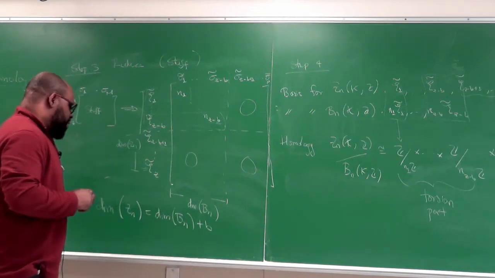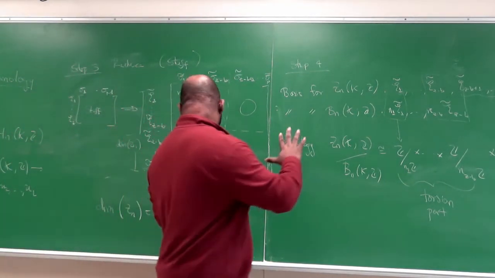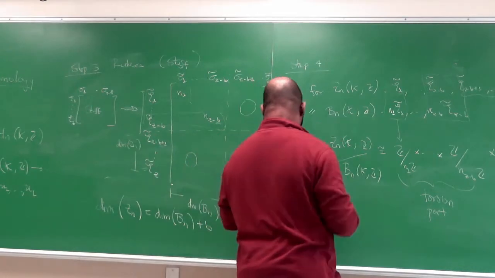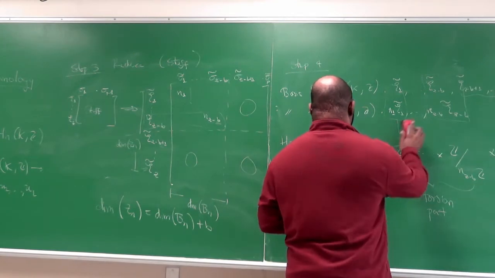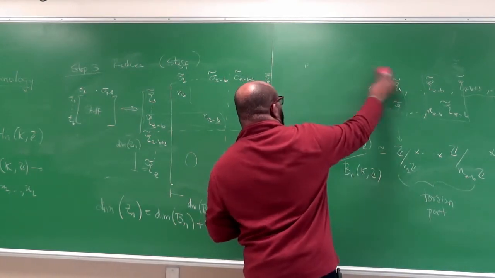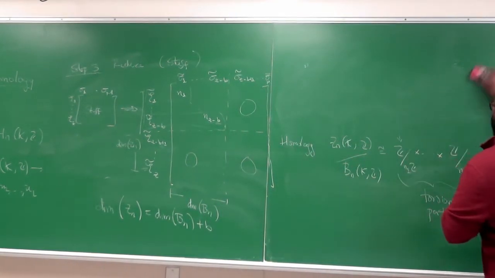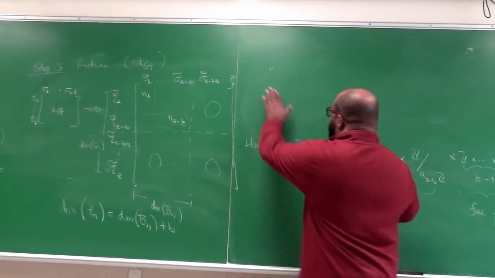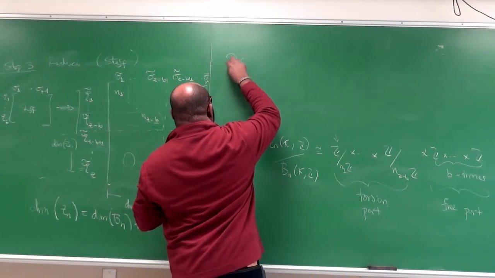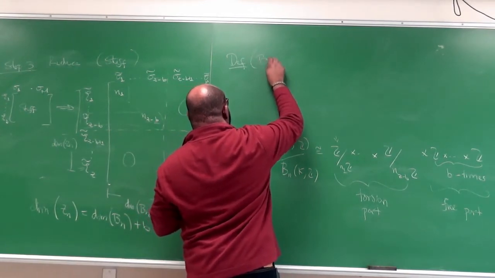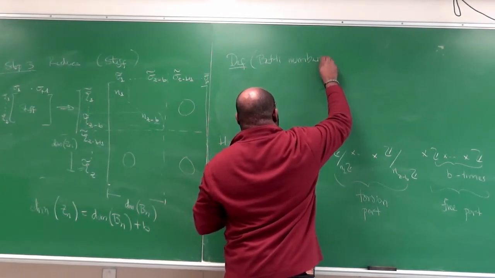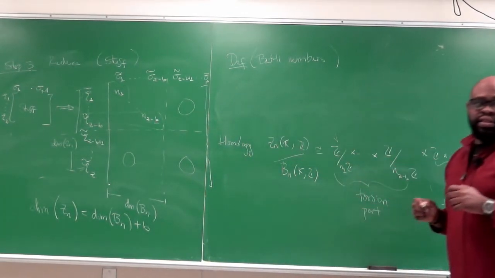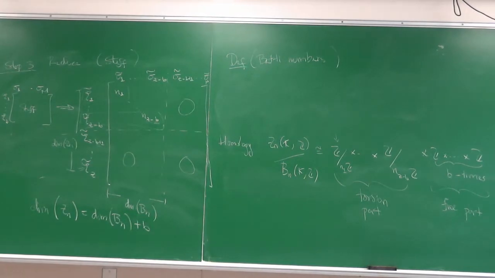Okay. So I'm going to give you a definition, and I'm going to use this side of the board because I don't want to erase these two pieces. So here's my definition. I'm going to define what is called the Betti numbers. We saw that the first day of class, but now we have the right tools to actually give you the definition.